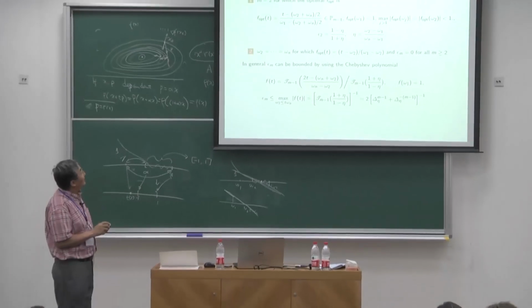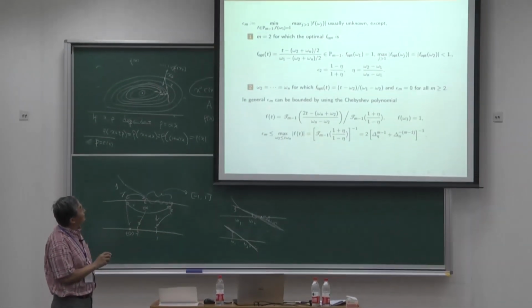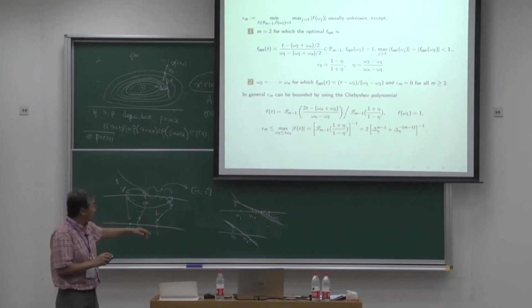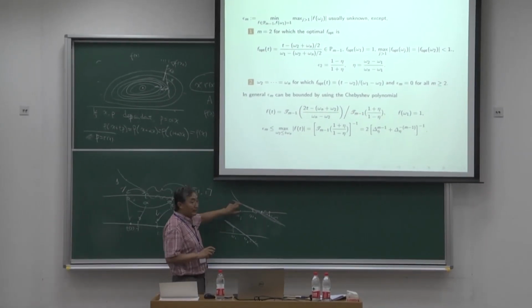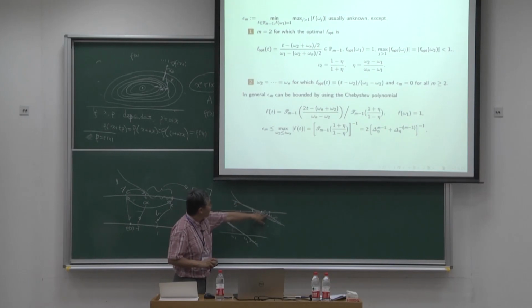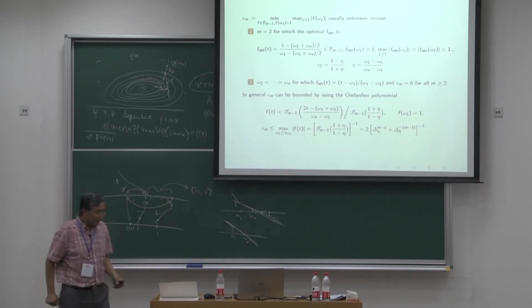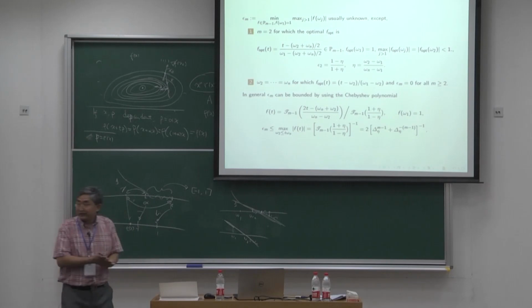Okay. In general, epsilon m we don't know. I just mentioned one application of the Chebyshev polynomial. You take this one, you make this interval as small as possible. That's how you construct them. So I think I'll stop here.